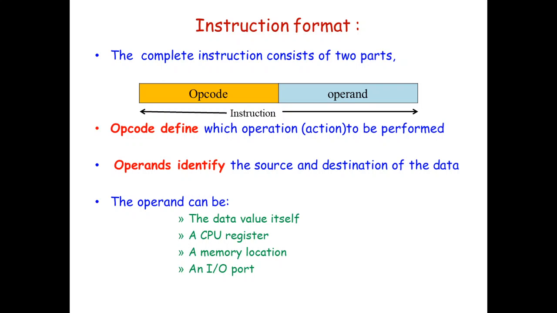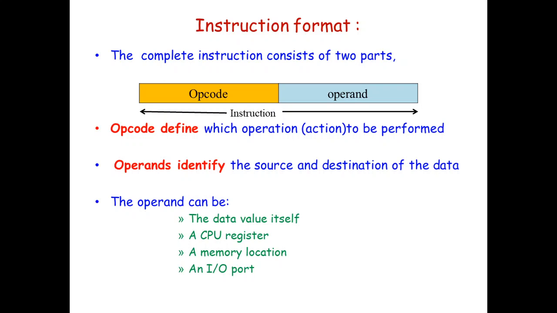In this fashion we declare the opcode, which defines which action the customer demands. After the opcode we declare the operand. Operand is nothing but the data on which the action is performed. There are different ways to access the operand or data. First one is the data value itself, meaning immediate addressing mode, where within that instruction only we provide the data on which we want to perform that action. Next is CPU register, where the operand is held in one of the general purpose registers.